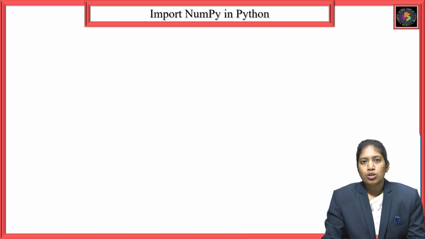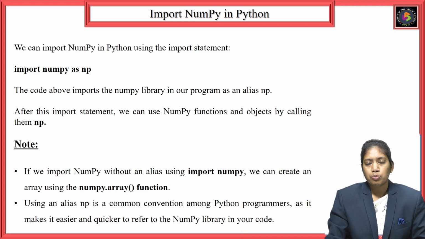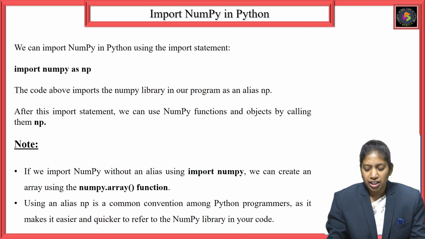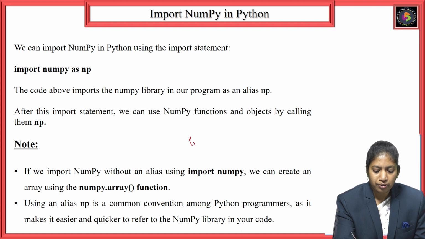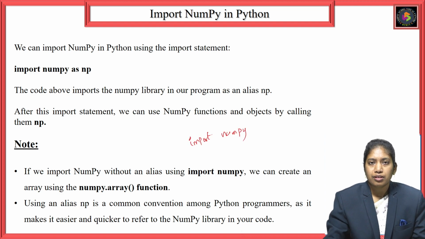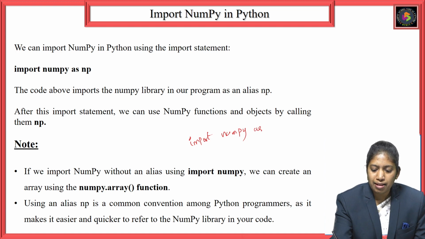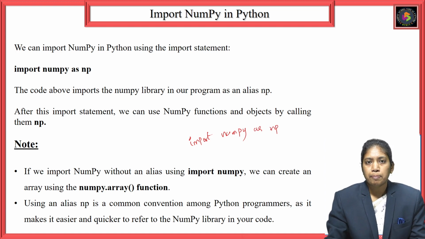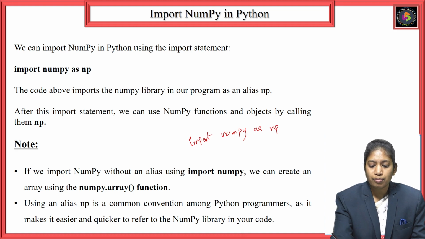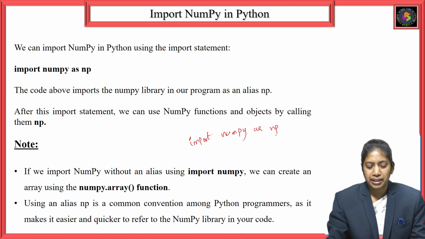So how do we import NumPy? So far we have seen how to import math. In the same way we can import NumPy using import numpy. Here I am using the alias name np: import numpy as np. Whatever functions and variables I use from NumPy, I have to call them using np.